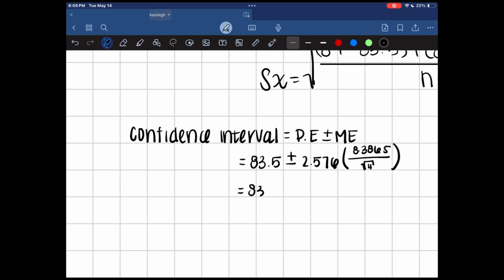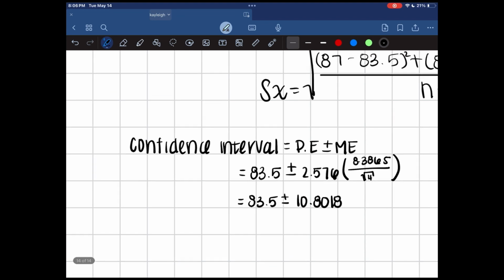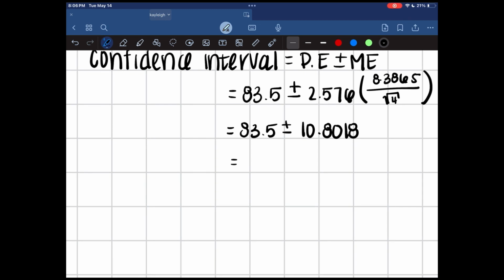When you solve that, you get 83.5 plus or minus 10.8018. I'm doing the math, guys. With that, your lower bound is going to be subtraction first.